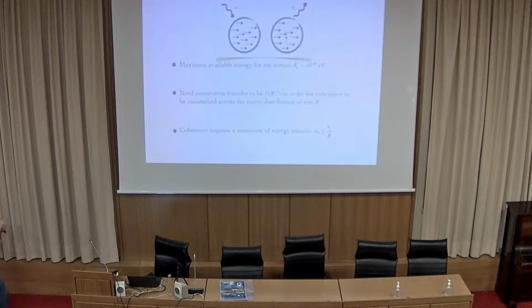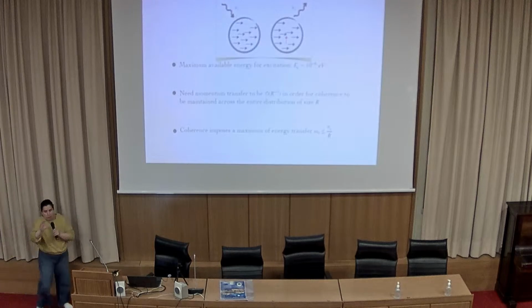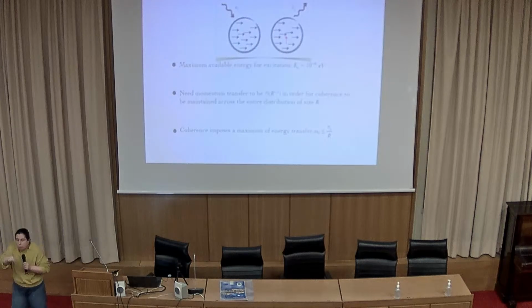Now, in order to couple, we take the spins, they cannot be put all in the same point. They will have an extent. And in reality, we won't be able to take advantage of the full energy available to us, because we will need the n squared to have a very small momentum transfer.